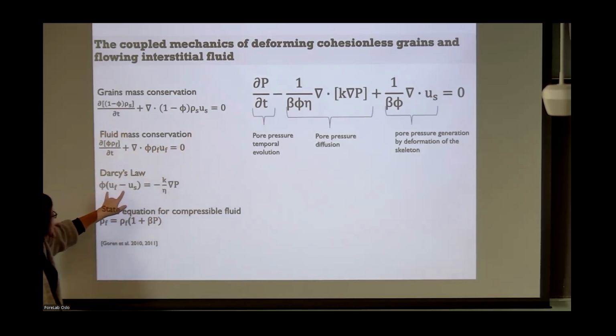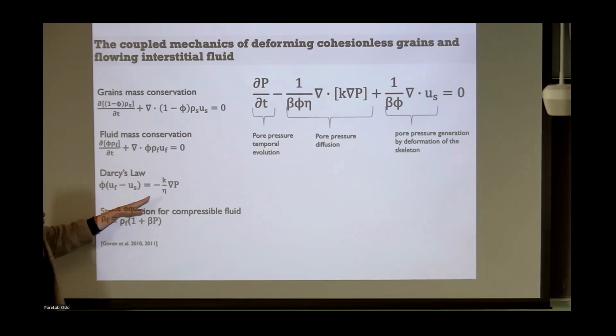And then there's the Darcy law, which means that the difference between the solid and fluid velocity is proportional to the pressure gradient. And then there's an equation of state, which says that the fluid density is proportional to the pressure with a compressibility beta. So the fluid is compressible.